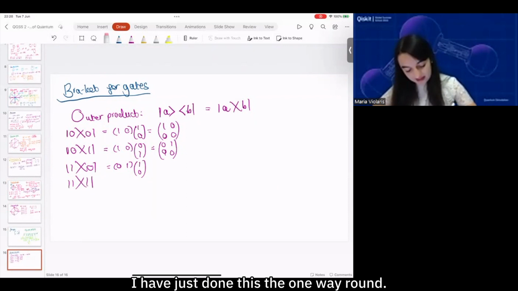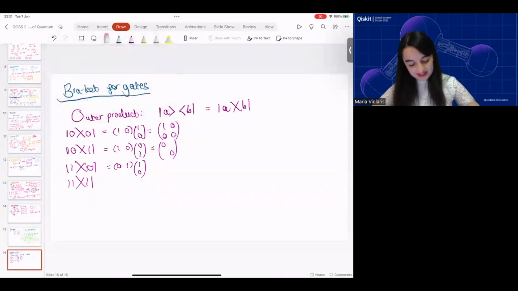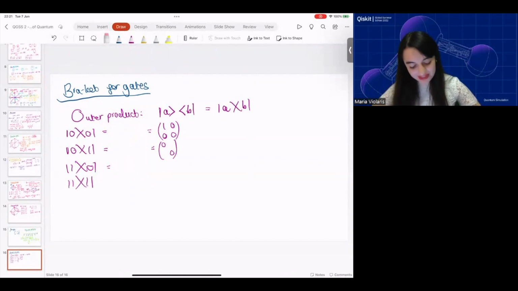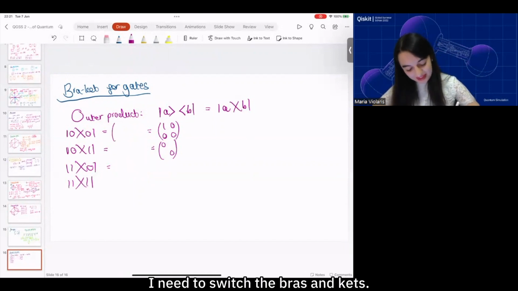Sorry, I have just done this the wrong way around. I will erase these because I wrote what we'd work out for the inner product, not the outer product. I need to switch the bras and kets. So we have 1, 0, 0, 1.